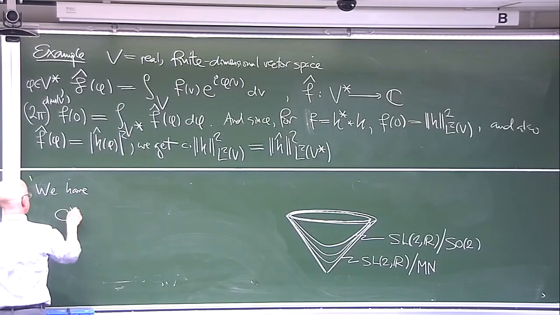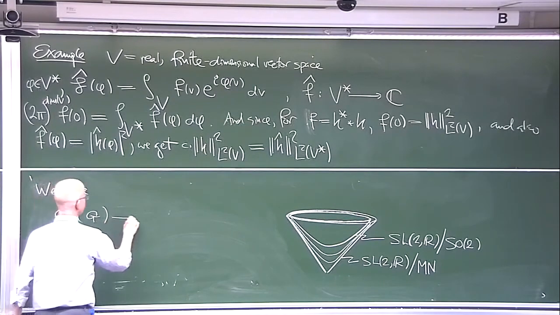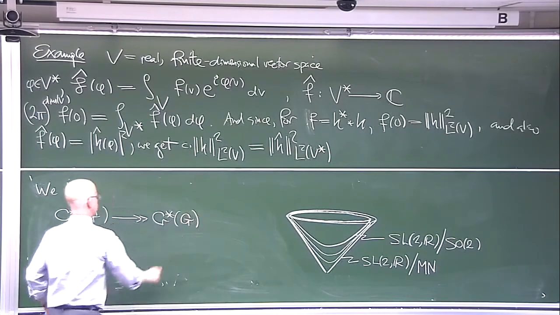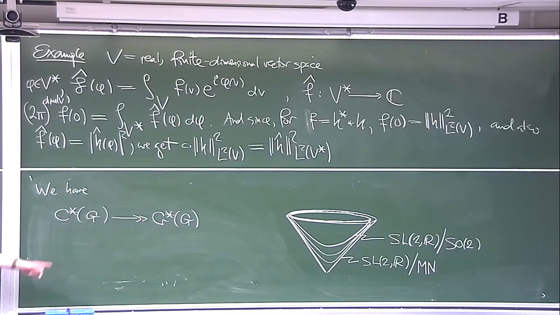As I was just saying over there, this C star algebra is a quotient of this one by some closed two-sided ideal.